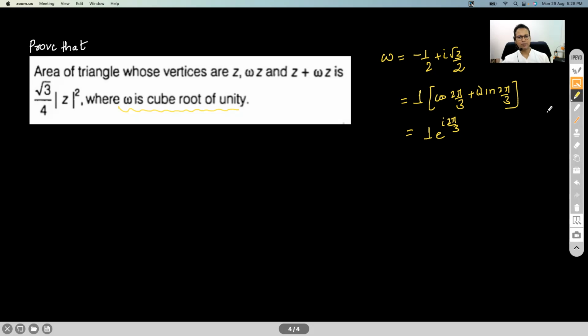Let's see whether you are able to crack this.